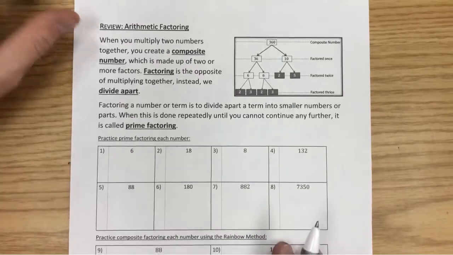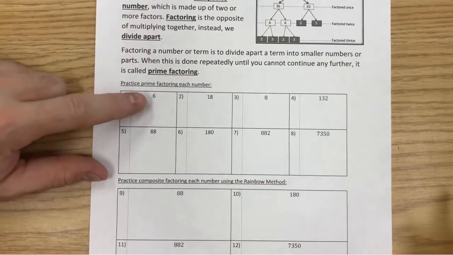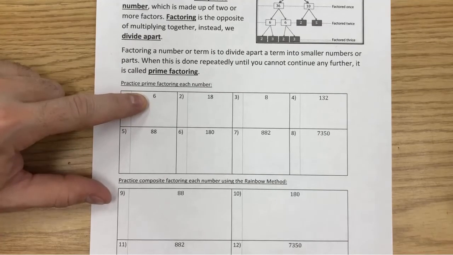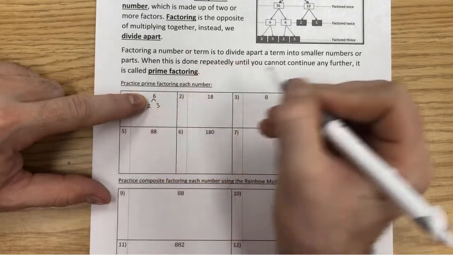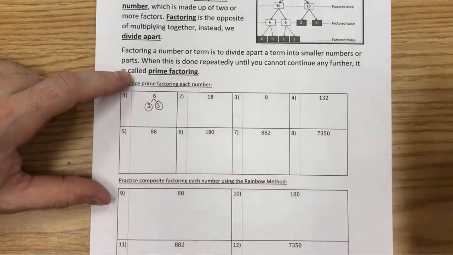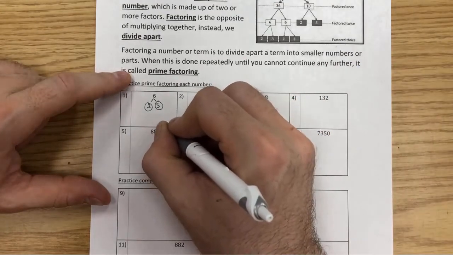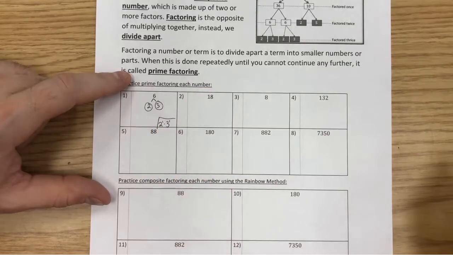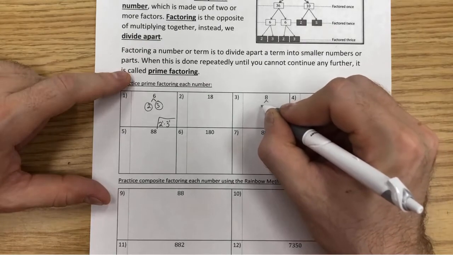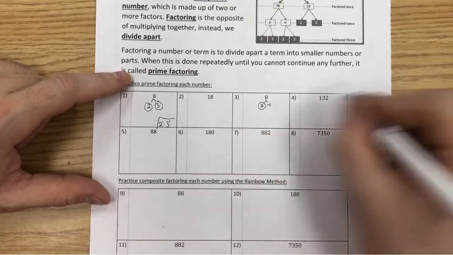So let's take a look and see what a set of numbers would look like. We're going to take 6 and say, what two numbers multiply to give me 6? Well, that would be a 2 and a 3, both of which are prime. So this prime factored would be a 2 times 3, just like that. 8, well, I could break that down into either a 2 and a 4 or a 4 and a 2.